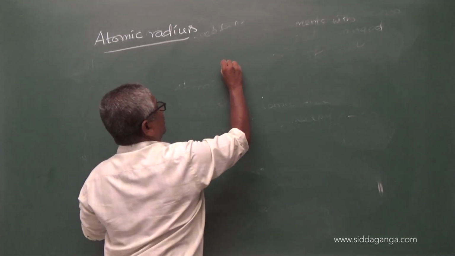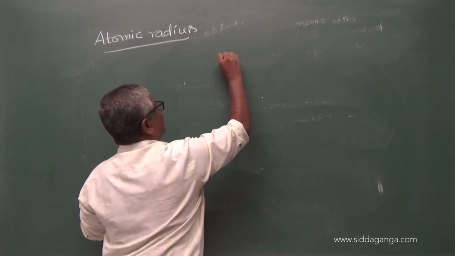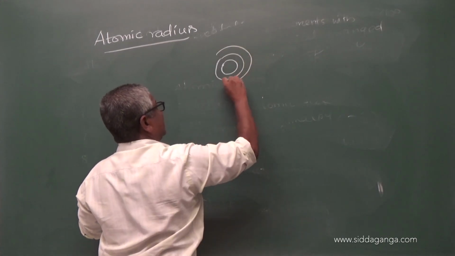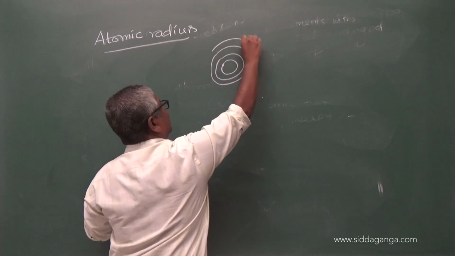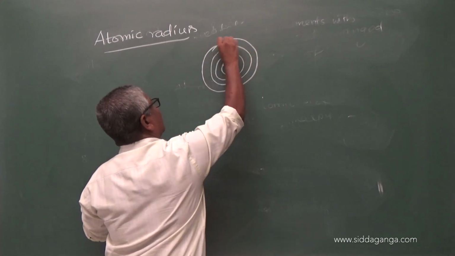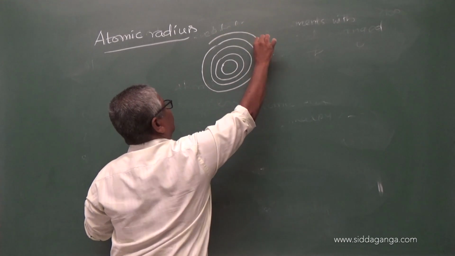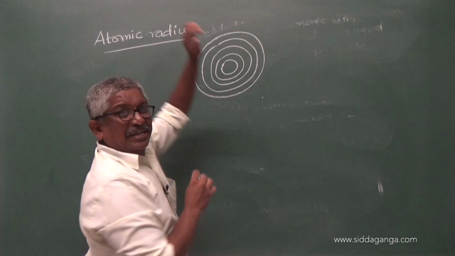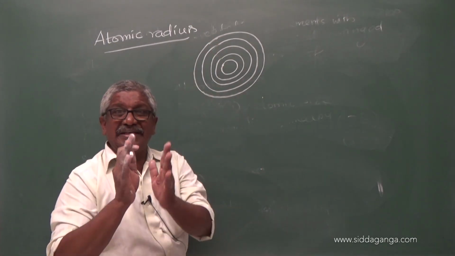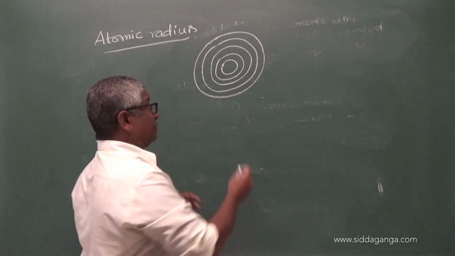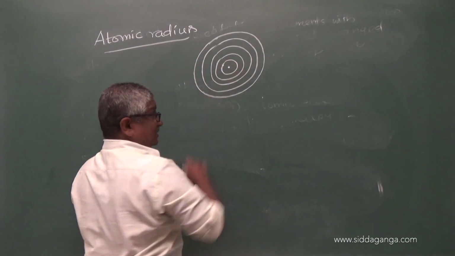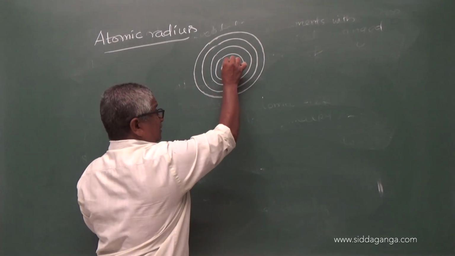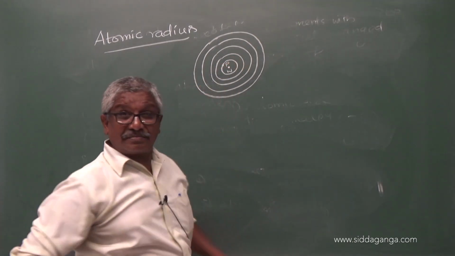An atom has a nucleus, first energy level, second energy level, third energy level, and fourth energy level. Then what is atomic radius? Atomic radius is the distance from the center of the nucleus. In the nucleus, what is available? Proton and neutron.